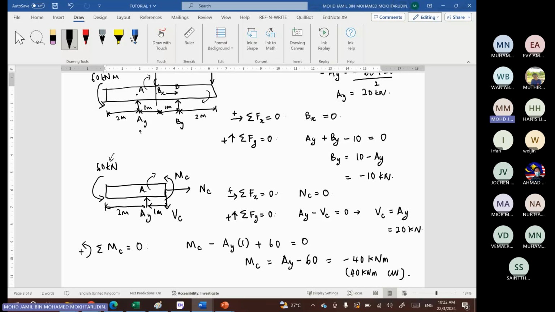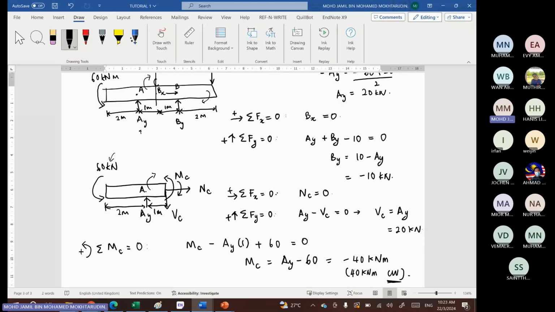So contohnya MC ni you define dalam figure, let's say you define dalam figure macam ni, meaning that clockwise. So in the end you akan dapat positif lah, positif 40 kilonewton meter clockwise. So macam saya ajar dulu dekat student BFF dengan BFM, saya suruh diorang tulis the direction like either clockwise or counterclockwise in case some of you dapat positif lah, dapat negatif.